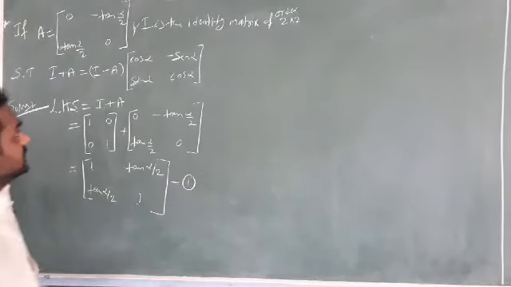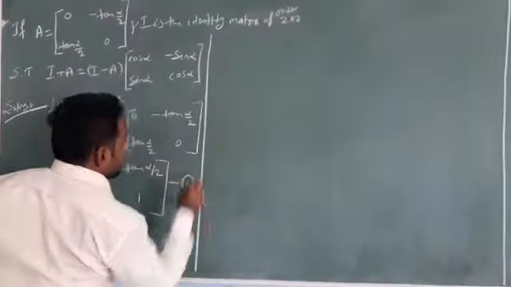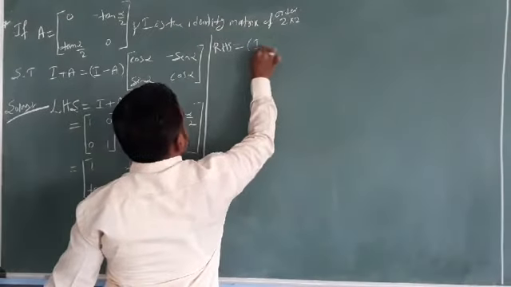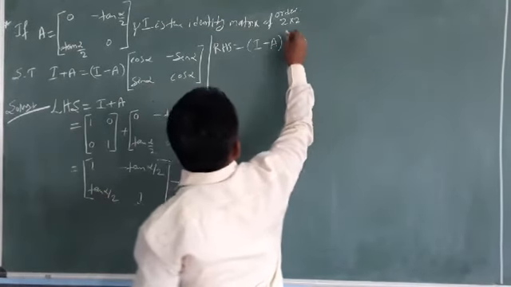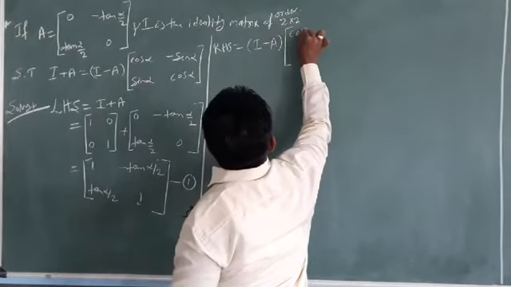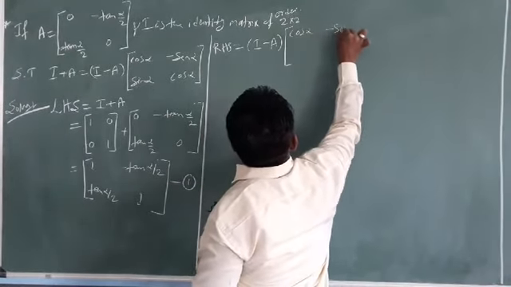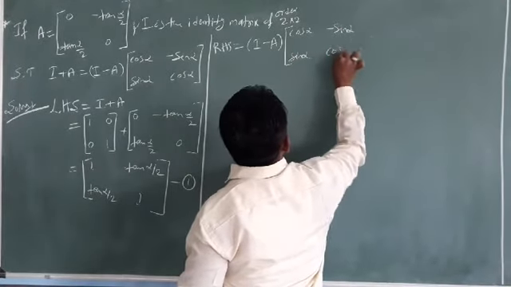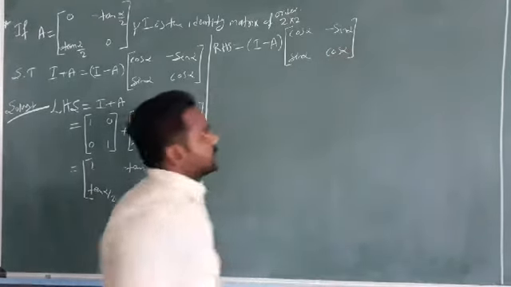So what is the next thing here, students? The RHS part. What is RHS? That is I minus A into the matrix cos alpha, minus sin alpha, sin alpha, cos alpha. Next.